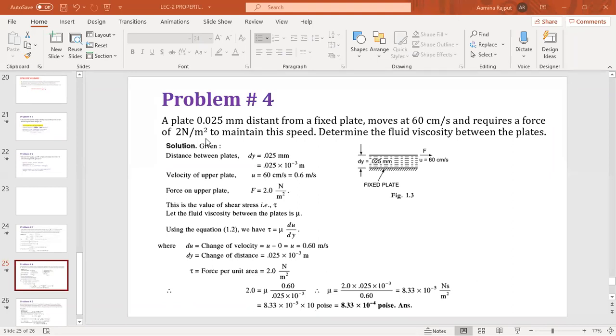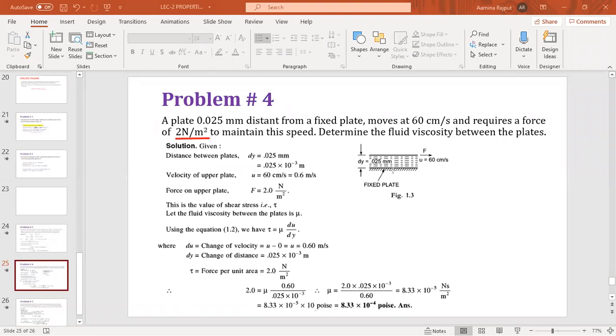Newton per meter square is a stress unit, so it is shear stress basically, to maintain the speed. So determine the fluid viscosity between the plates.